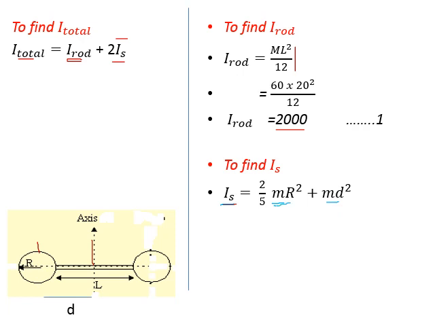IC means the moment of inertia of this sphere about an axis which is passing through the center. Second, what is this M D square? M is the mass of this sphere and D is the distance between this axis about which we have to find out the moment of inertia and the center of this sphere. So this is nothing but application of the principle or theorem of parallel axis.